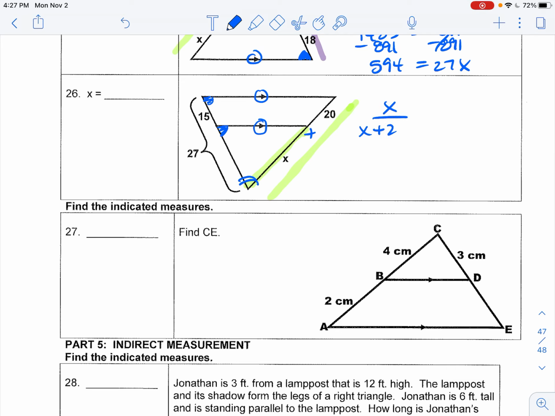So x over x plus 20 is equal to, and I don't know what this side is, but I can figure it out because that's 27 minus 15. This side right here is going to be 12 because 27 minus 15 is equal to 12.